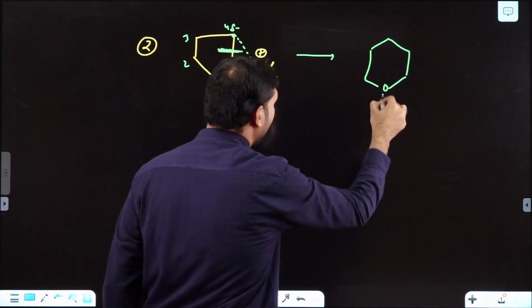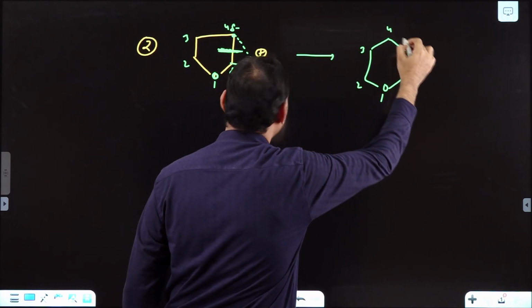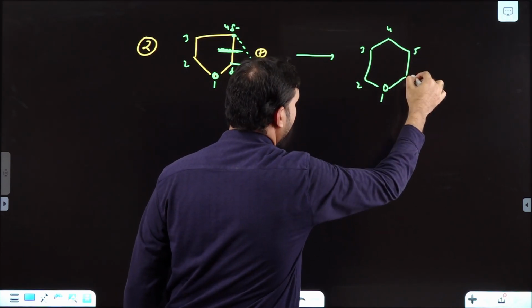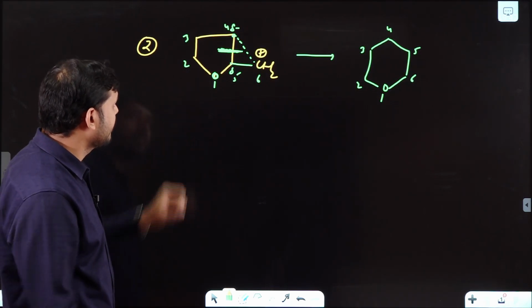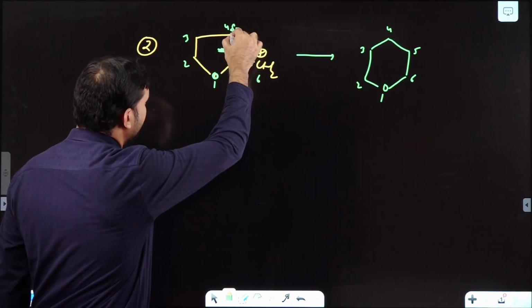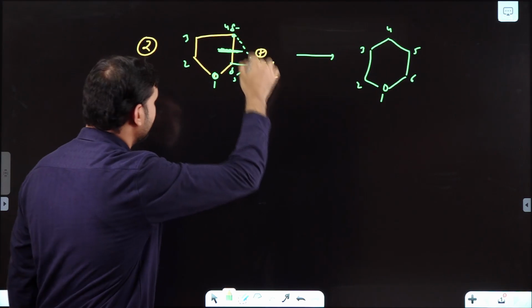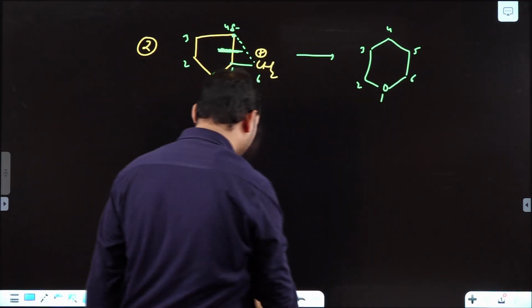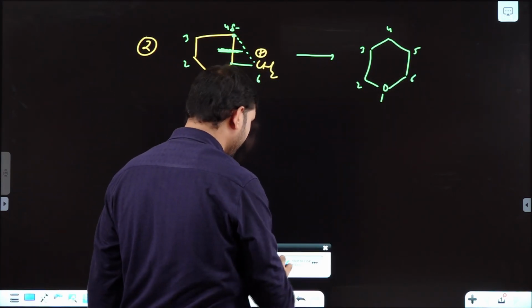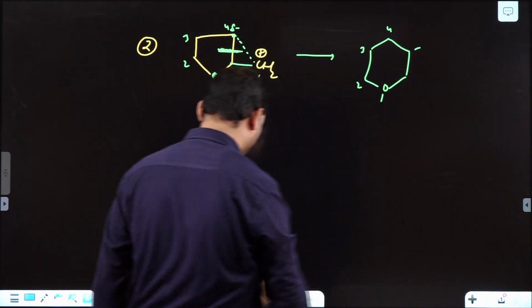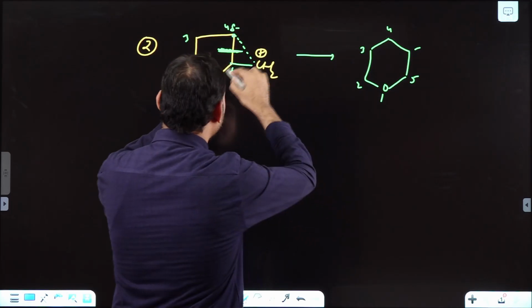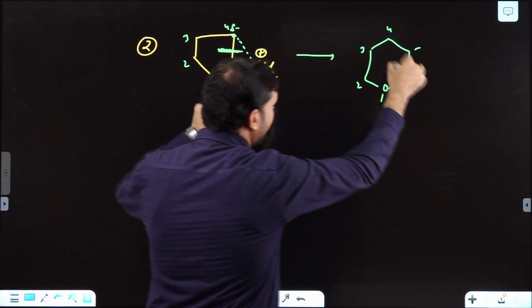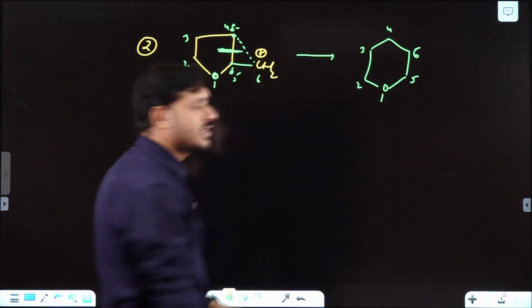So what happened actually is, you broke this side 4 and 5 and you joined with 6. So this 4 joined with 6 actually. Oxygen is connected to 5 only as it is, and you broke this 4 and 5 bond, and this is joined here like this. Clear?